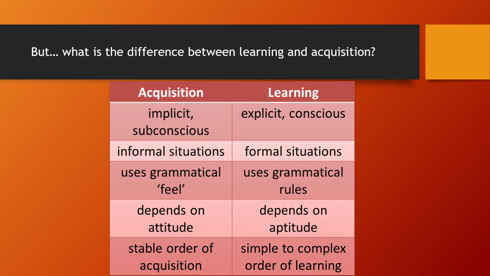Okay. The fifth difference is that acquisition has a stable order, which means that there is no grading of the language. It's all about situations. We listen to the language, we acquire the language, we comprehend the meaning, we grasp the meaning from the situations, and then we produce our own language and develop it. While in learning, we try to learn from a simple to complex order.